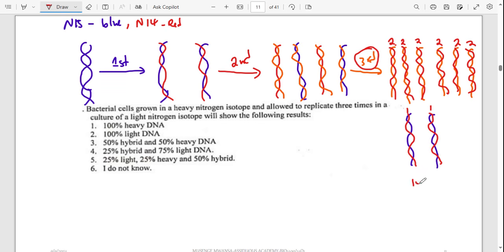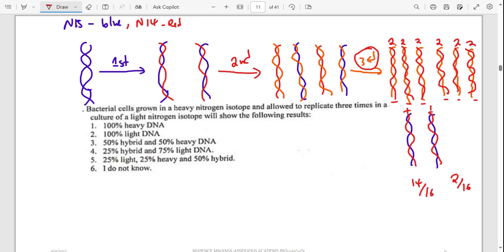So you have got 14 strands which are red. And it's out of how many in total? If you count these 1, 2, 3, 4, 5, 6, 7, 8, there are 8, but in each one of them there are 2. So 8 times 2 is 16. 14 out of 16 are red. The blue one is only 2 out of 16.